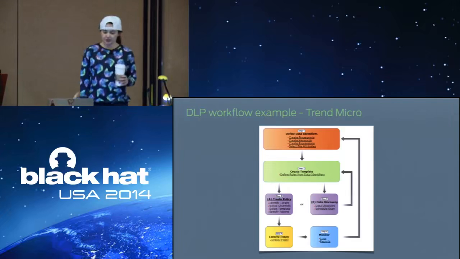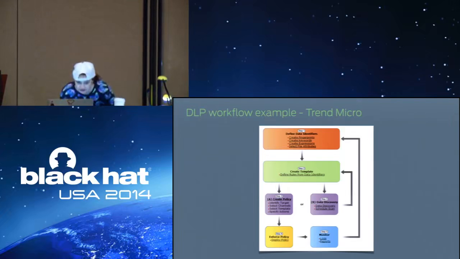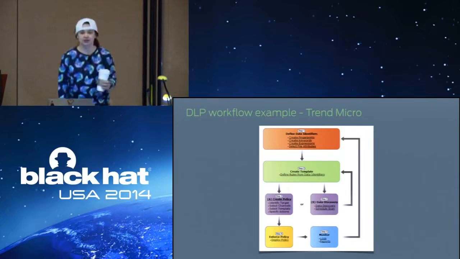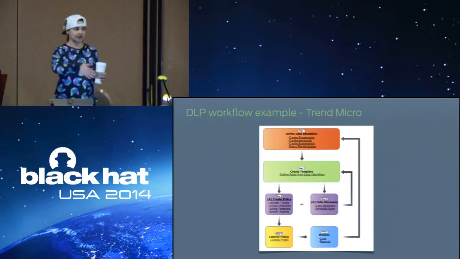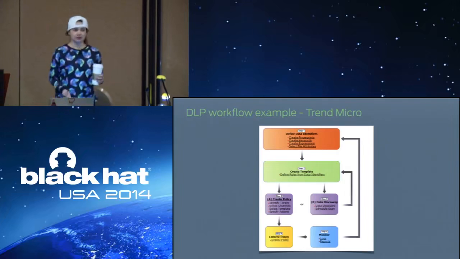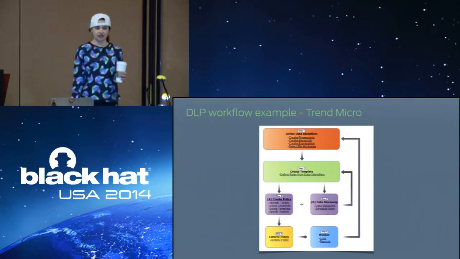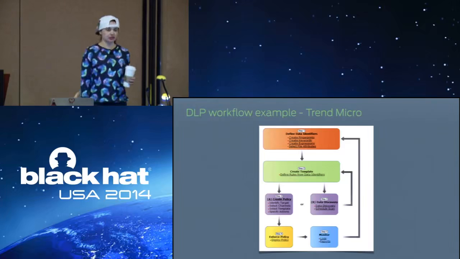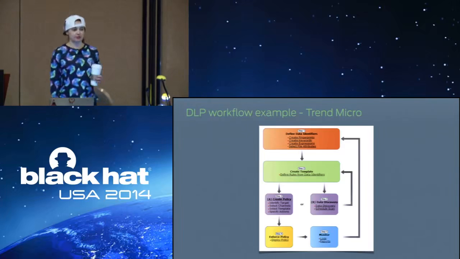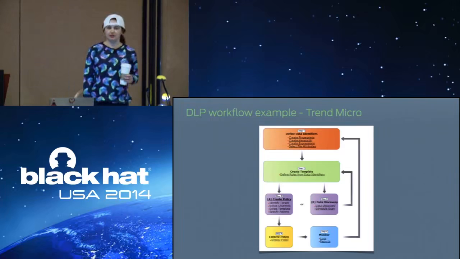Okay, then you're going to figure out, there's a few things you can do. You can do a data discovery, which is basically one time only, let's get all of the agents, whether they're network agents, agents running on host computers, or agents running against shares, and do a mass scan and tell me what's out there. That's usually something people will do initially just to get an inventory of what sort of stuff they're dealing with.